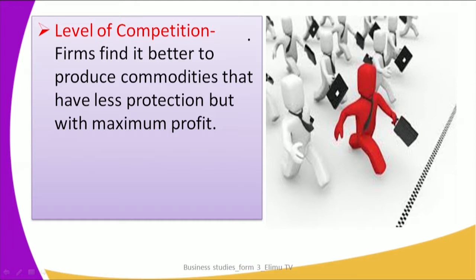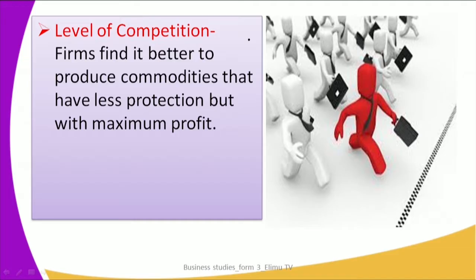The other factor to consider is the level of competition. Farms find it better to produce commodities that have less competition but maximum profit.